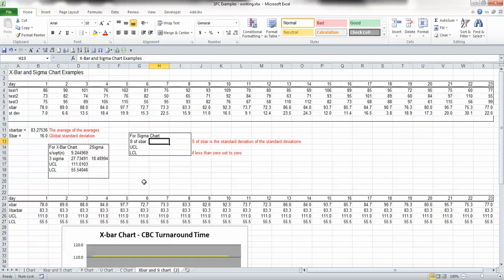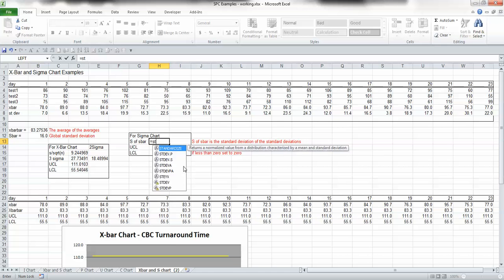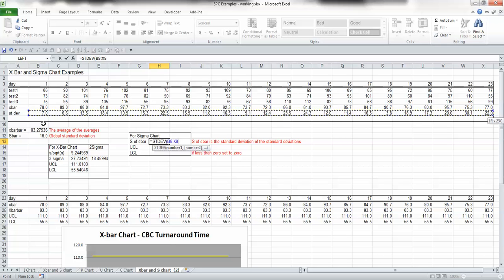So now what we have to calculate is the S of the S-bar. The sigma of the S-bar is the standard deviation of the standard deviations. To calculate that, we want to find the standard deviation of all of our standard deviations.